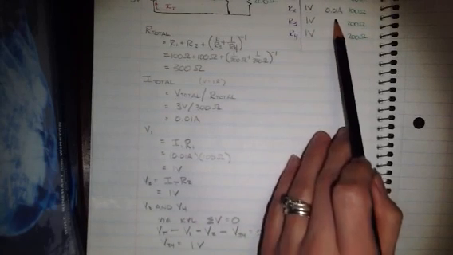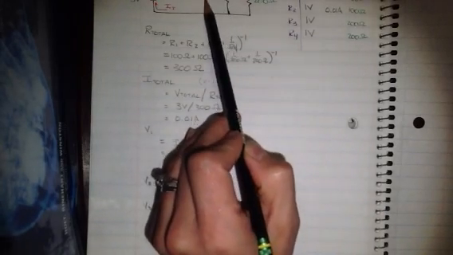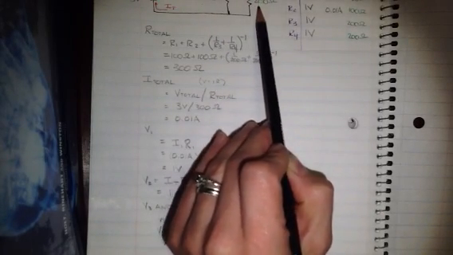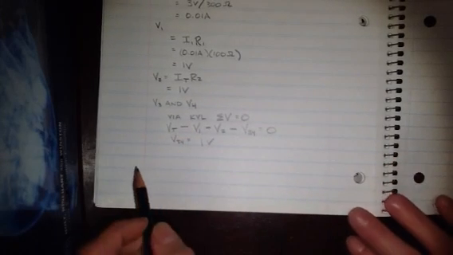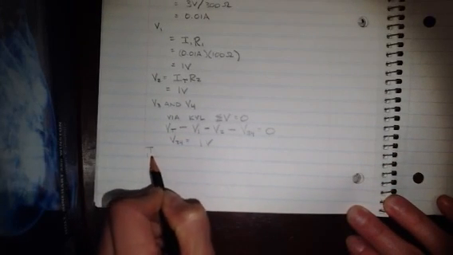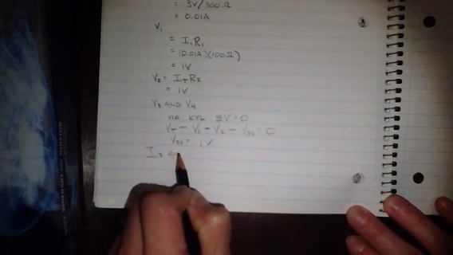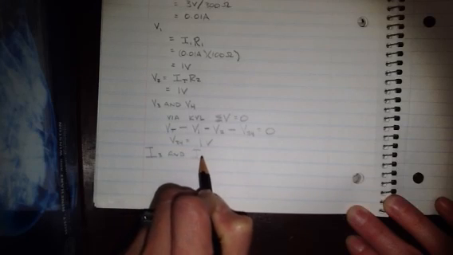Okay, finally, let's find the current running through resistors 3 and 4. Resistors 3 and 4 have the same resistance value. They also have the same voltage drop, so the current will be the same. Okay, V equals IR.